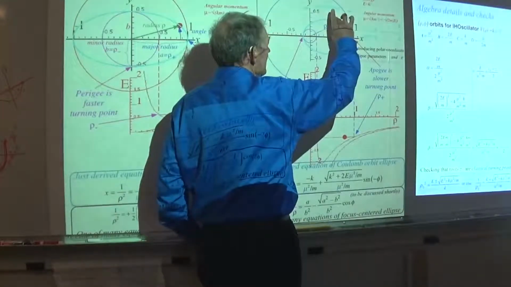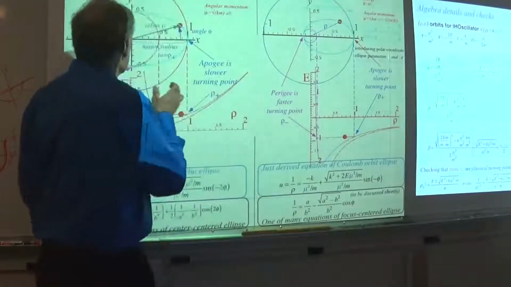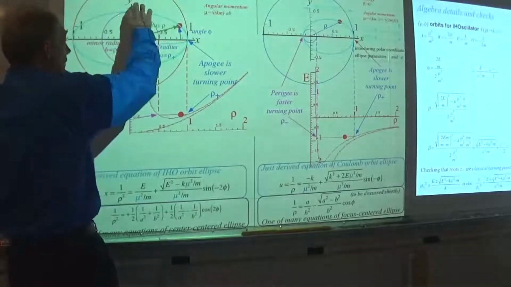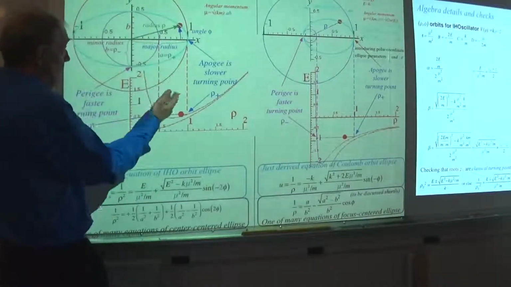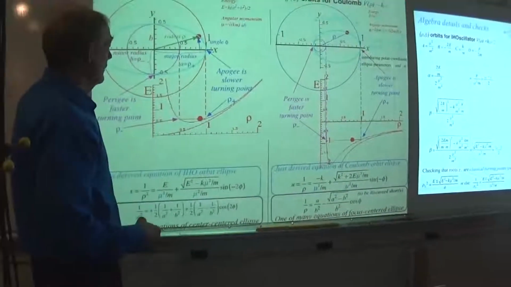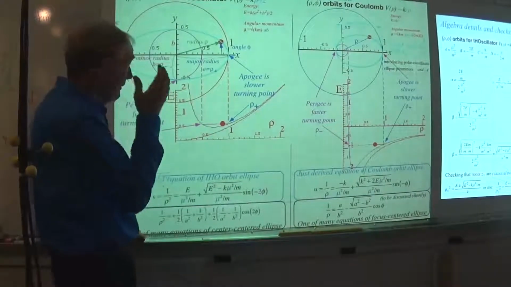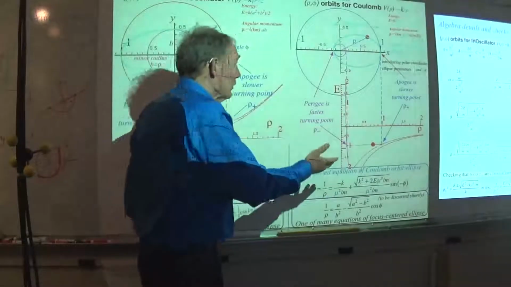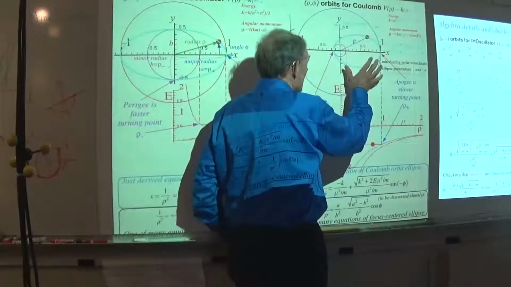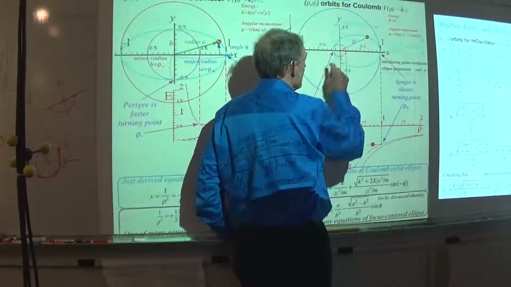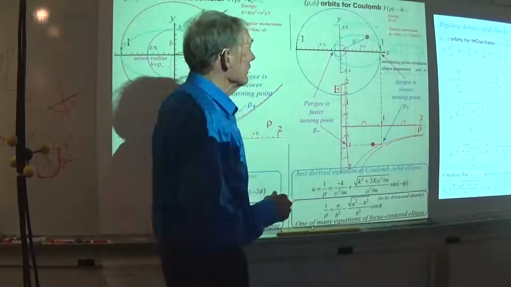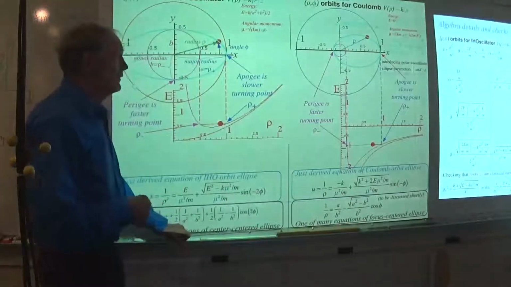That's the B right there. Here, this is the A, and that's the B. This is pretty simple for the oscillator. The oscillator likes to have centered ellipses. But the Coulomb puts the ellipse off-center, and it happens that it puts it so the focus of the ellipse is on center.